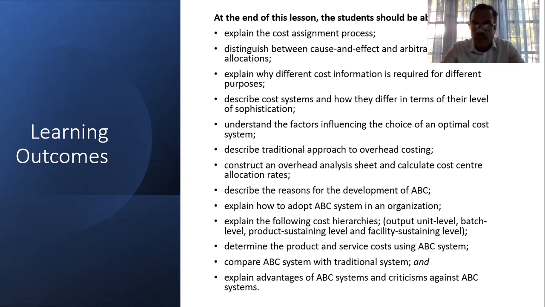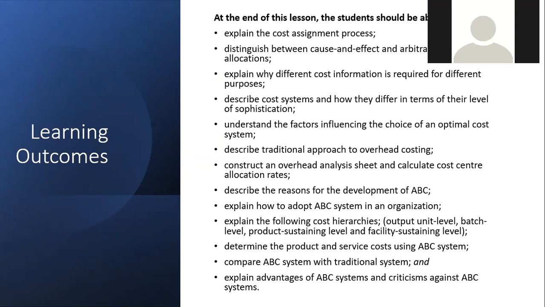In real life, organizations use different costing systems or assignment methods. But for the purposes of this particular lesson, we divide them into two, called the traditional method and the activity-based costing system.